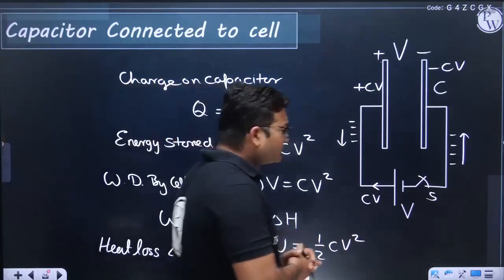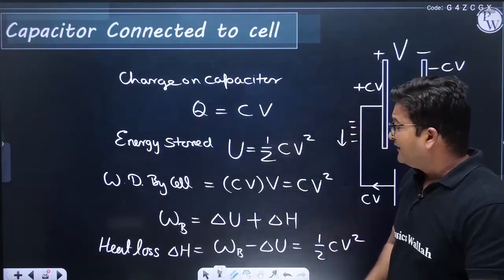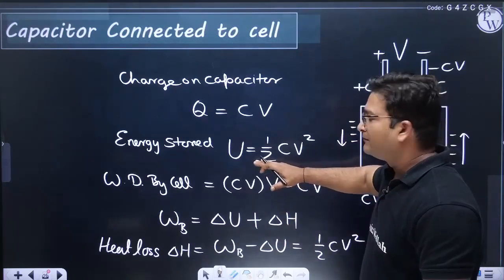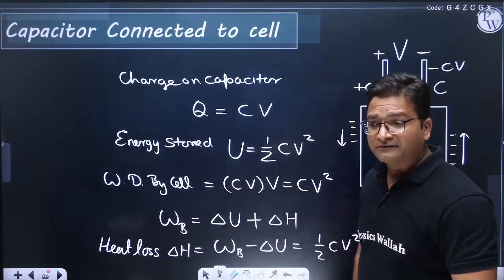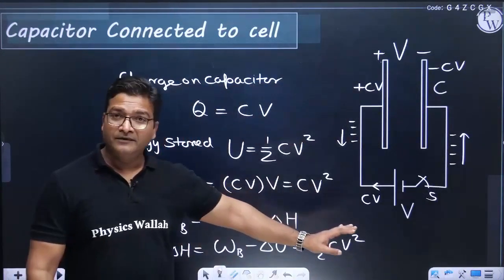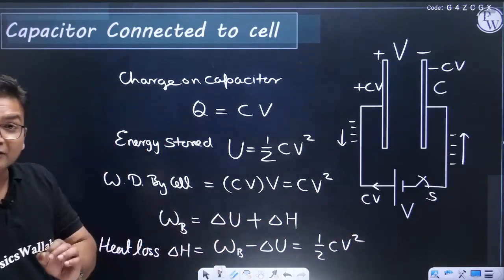Remember, many students make a mistake. They remember that heat loss is equal to the energy stored by the capacitor, or half of the work done by the cell. This is true in this specific case only, but not true everywhere, so you should not make any conclusion like this.